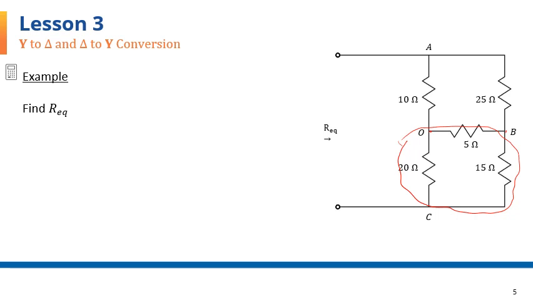Converting any one of these trios to its opposite will allow us to find the equivalent resistance.